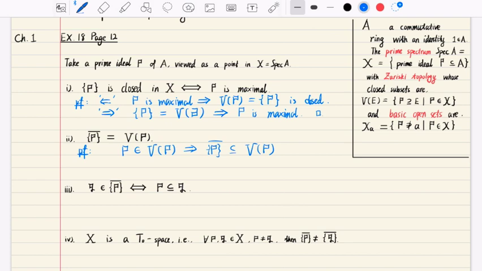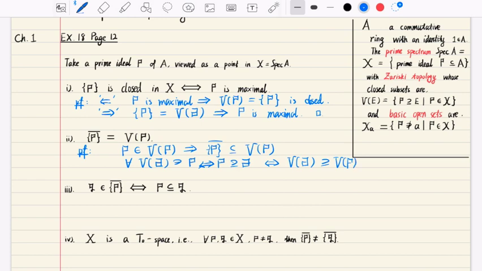And secondly, conversely, for any closed subset V(A) which contains P, which means that P contains this A, and by the order preserving argument, this is equivalent to V(A) must contain V(P).